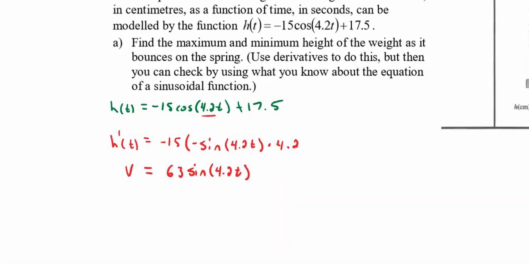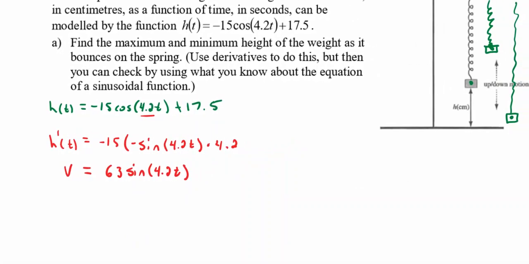So there's h prime, which could also be written as v in this case. So what would we do next? Well, if I want to figure out the times where we're either at the max or the min, I wouldn't really know which one yet, but what we should do is set the velocity, or the first derivative, equal to 0. So 63 sine 4.2 t equals 0. Now I can divide both sides by 63, which would just make this sine 4.2 t equals 0.